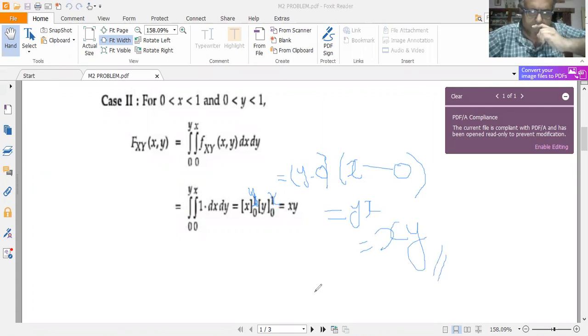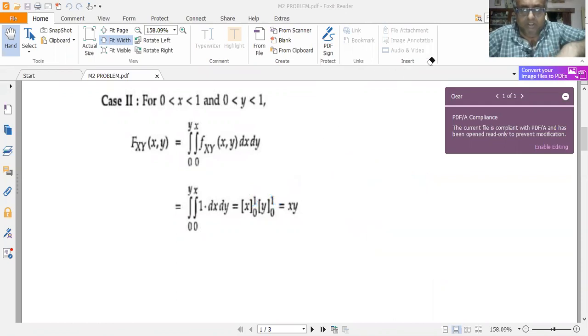This becomes xy. The printed version had a mistake, so I have corrected it here. So this is the result for both x and y varying between 0 and 1.